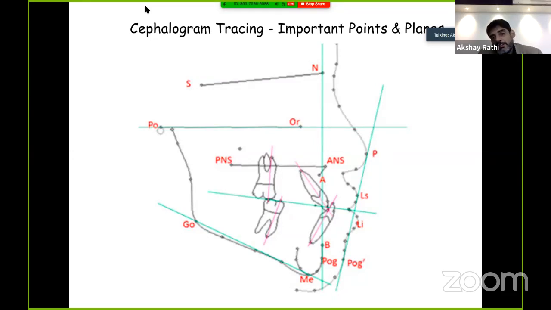And if at all it is a skeletal discrepancy, does the discrepancy lie in the upper dentition or in the upper arch, the maxilla, or in the lower dentition, or the lower arch, or the mandible, or a combination of maxillary deficiency and mandibular excess along with natural compensations. So there are various things that we look at when we look into the cephalogram.